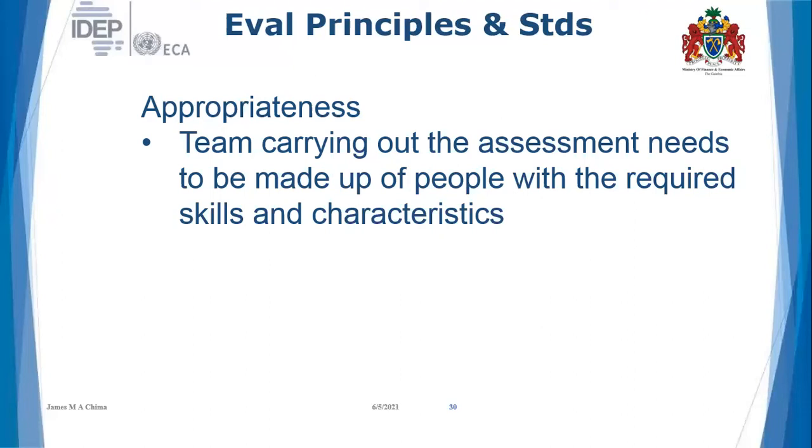Quality of collecting that data is also very vital to render the appropriateness of the evidence that we can generate and we can render credible. This must be anchored in the team that is carrying out the assessment, which must be made up of people with required skills, competences, and characteristics that will be unquestionable.